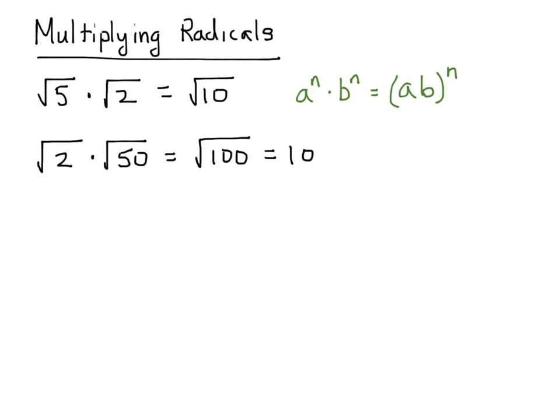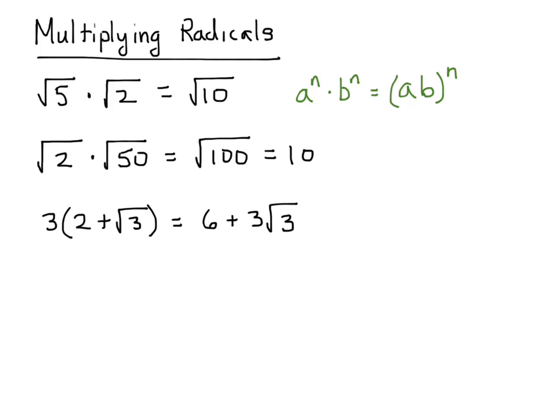So we get exactly the same thing, but it seems like we're doing work twice. So here's a case with multiplying where you probably don't want to spend too much time simplifying, because some of the factors that appear in here and in here are the same, and so you get the square root of 2 times the square root of 2 happening in there, and you have an easy square root. It's the square root of 100, not first taking out the 5, then the 2.